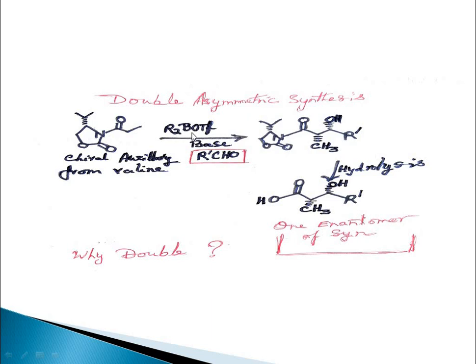When we form an enolate in the presence of a base and aldol condensation occurs, because this is a big chiral molecule, it will project in such a way that the nucleophilic attack on this can take place only from one direction. Hence, this on hydrolysis will give us, of the syn product, only one enantiomer. Only one enantiomer will be formed rather than both.